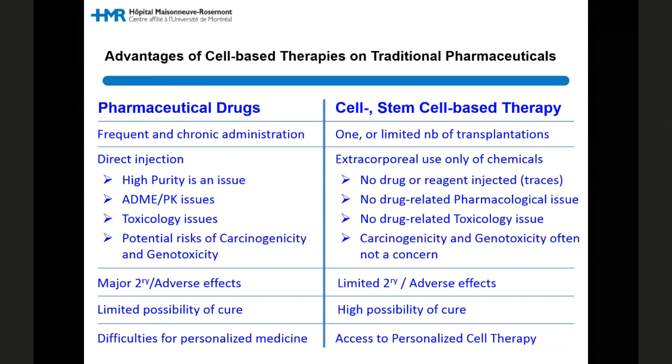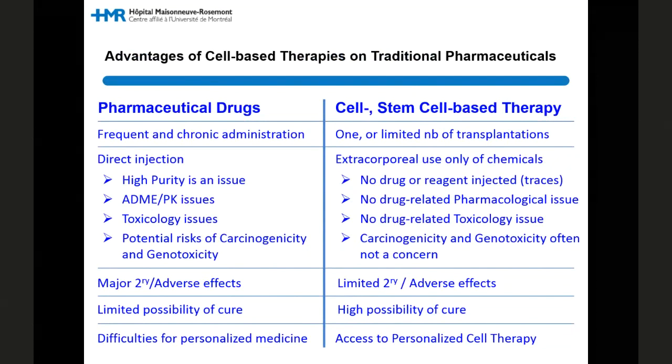And because you're modifying the cells with agents that are only treating the cells, you have much less chance of having side effects towards the individual, towards the body. And therefore, you're injecting traces of drugs, and you have fewer pharmacologic issues.